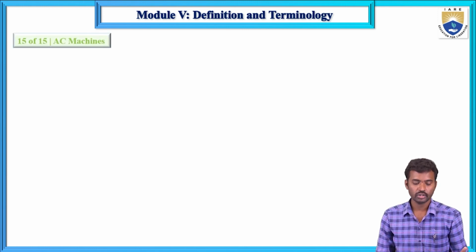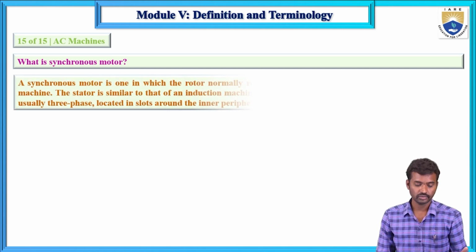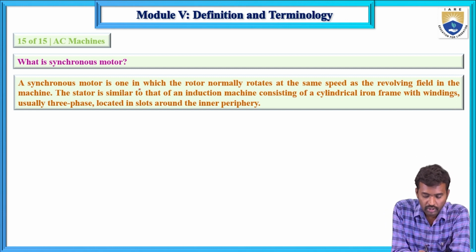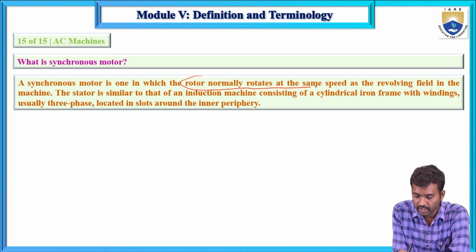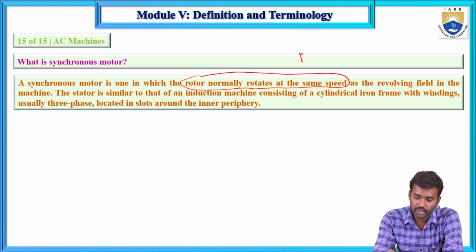Next, the last one. What is a synchronous motor? It converts electrical energy to mechanical energy, where the electrical energy is AC. That is the synchronous motor. The rotor normally rotates at the same speed as the revolving magnetic field, so the speed must be constant.